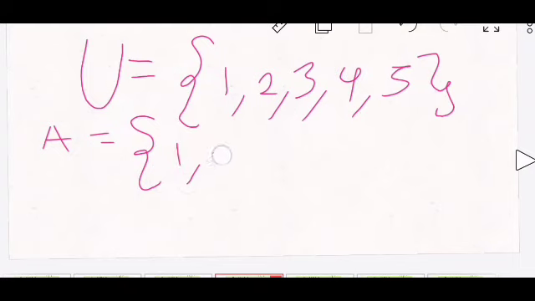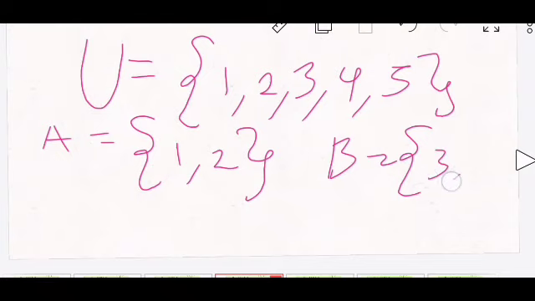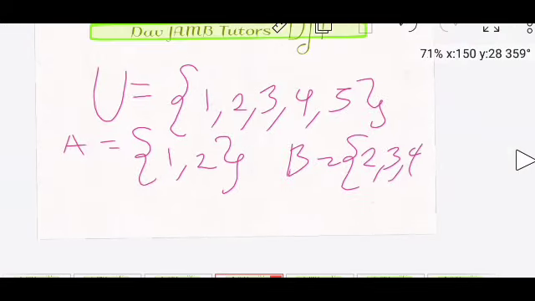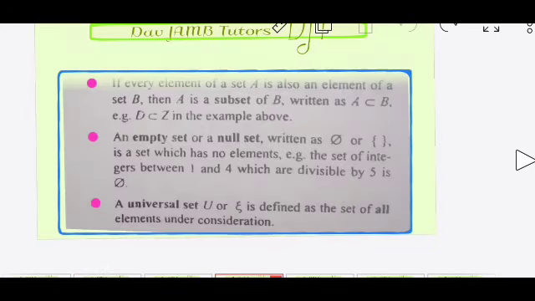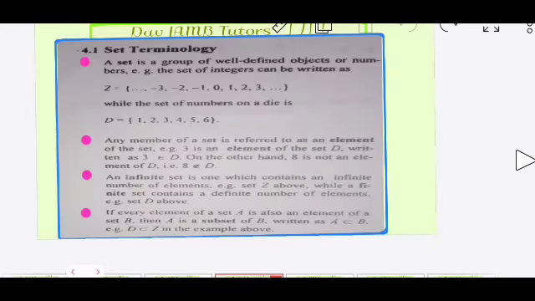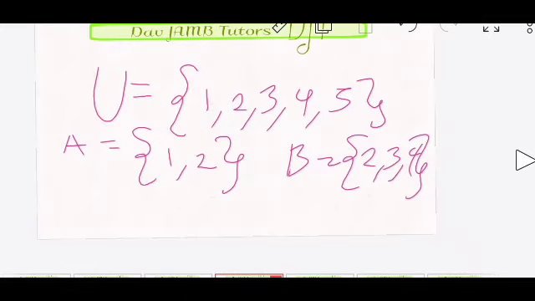Let me write that again. Then they say identify if B is a null set or an empty set relative to the universal set.